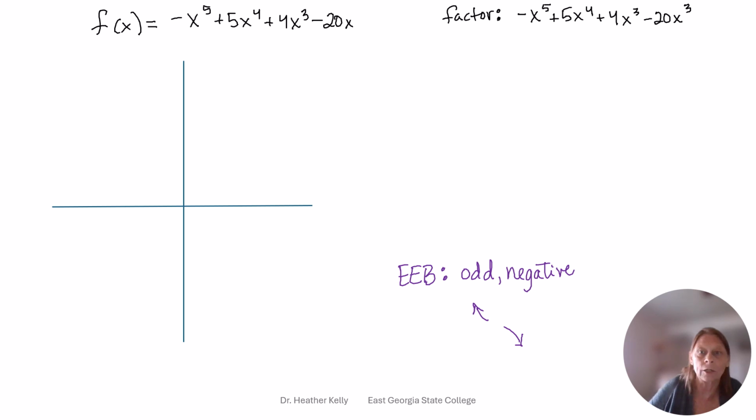These should be x squares. Okay, so I'm going to factor out a negative x squared. And when I take a negative x squared out, I'm left with an x cubed, minus a 5x squared, minus a 4x plus 20.